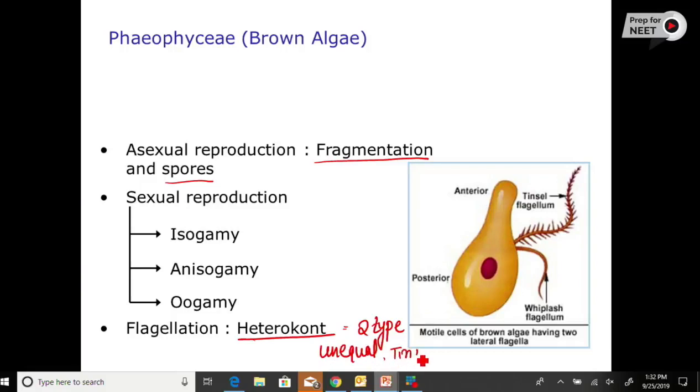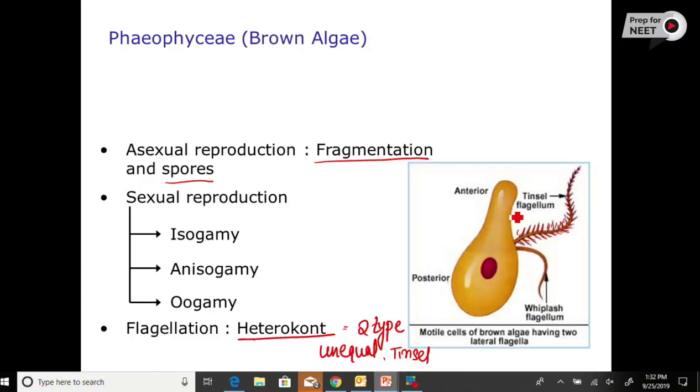Tinsels are small cilia, or small outgrowths on the flagellum, whereas the other flagellum will not contain any outgrowths, right.